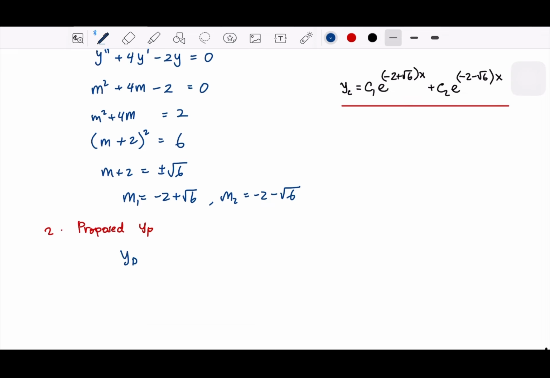Because it has a quadratic, we could propose yp as a quadratic with all coefficients a, b, c, which will make sense. Because when we take derivatives, we still get a linear term and a constant.